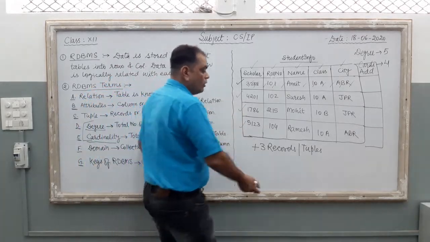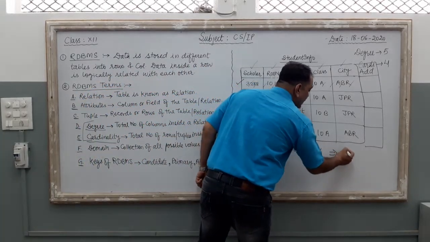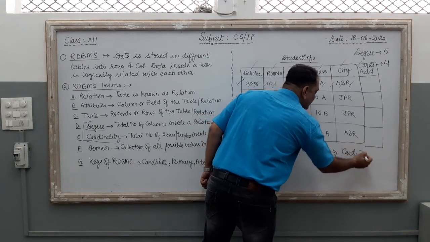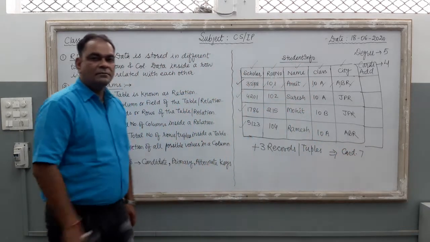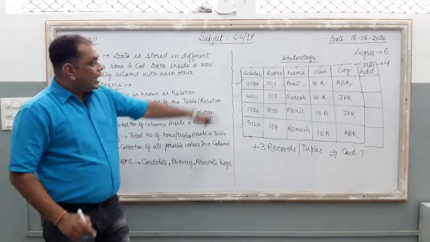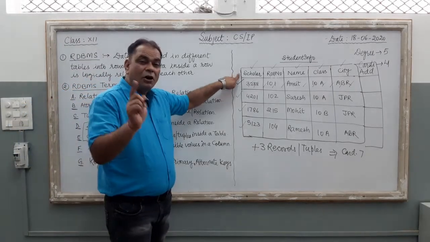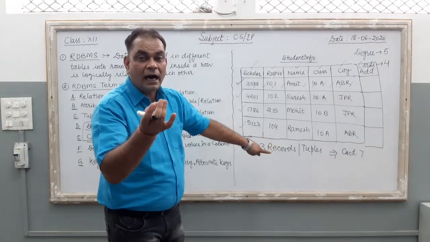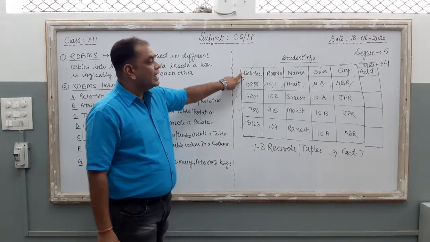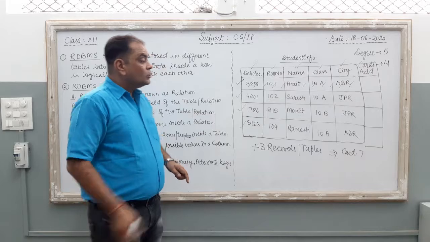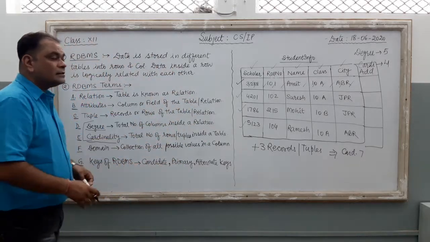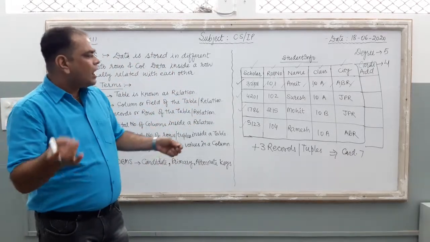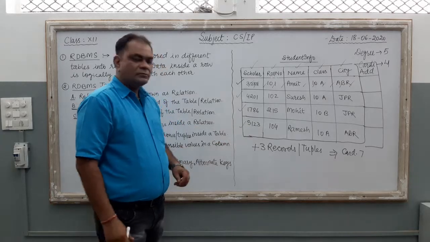So after this addition, the cardinality of this table is 7. Clear? I am saying again, leave out the heading. The heading is not added when you count the cardinality. I have not included it. Clear? So on these 2 topics, 2 or 3 marks questions come every year.